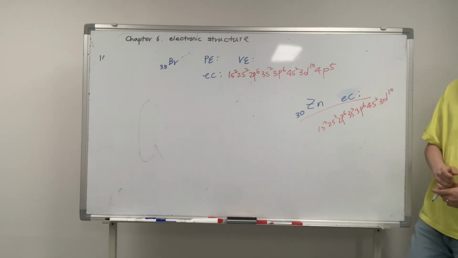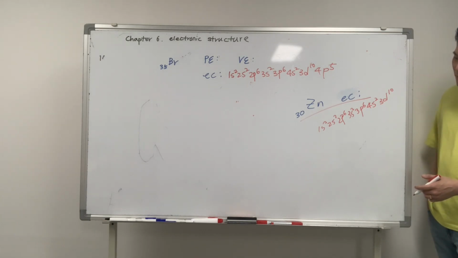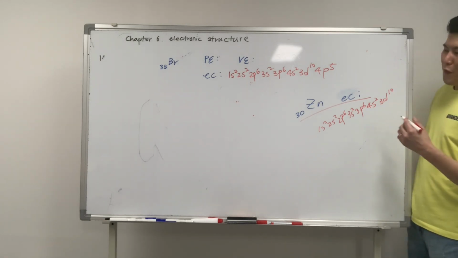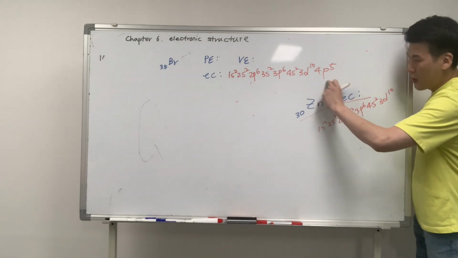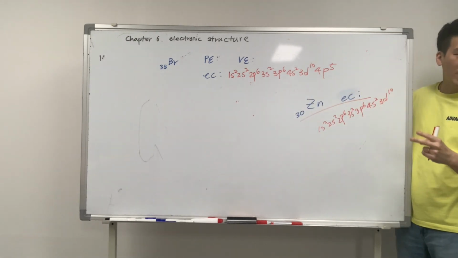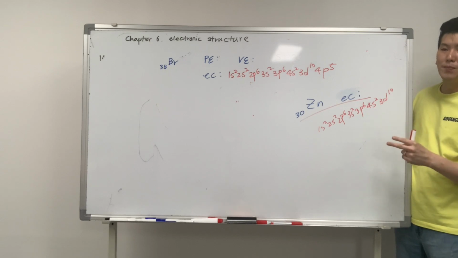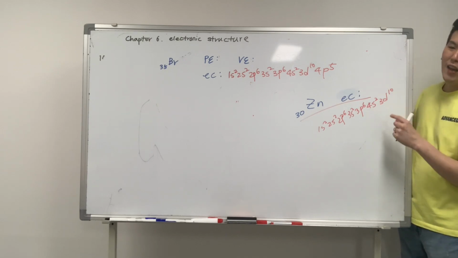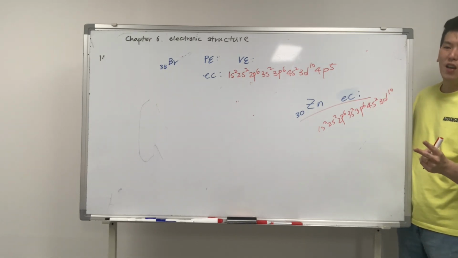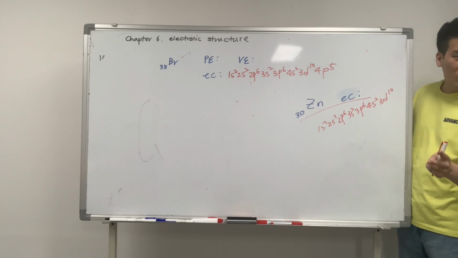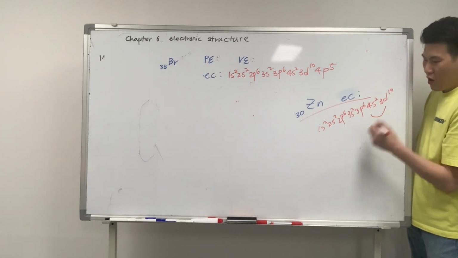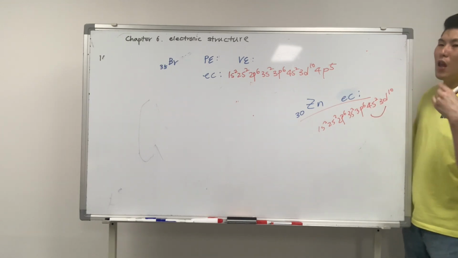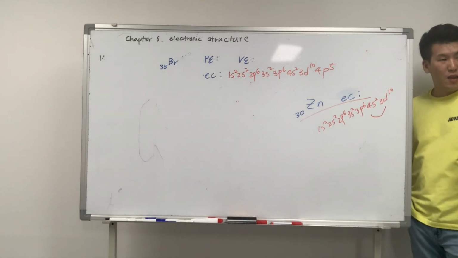Let me show you. If your element wants to fill this as much as possible, okay? If you were to take out 2 electrons, one might just say you take out electrons from the end, normally.